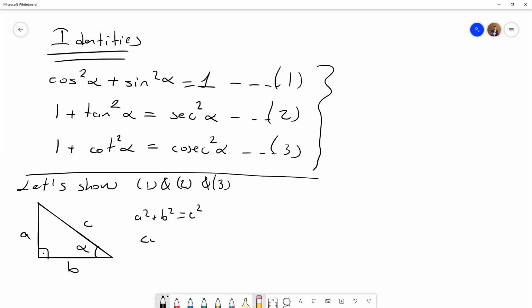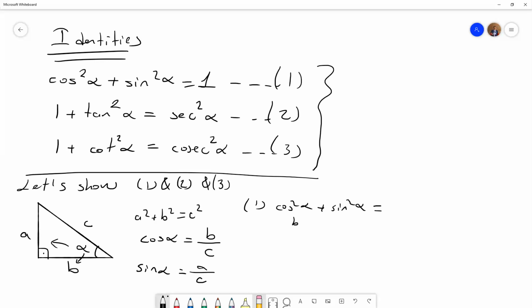And here cosine alpha is equal to adjacent over hypotenuse, and sine alpha is equal to opposite over hypotenuse.